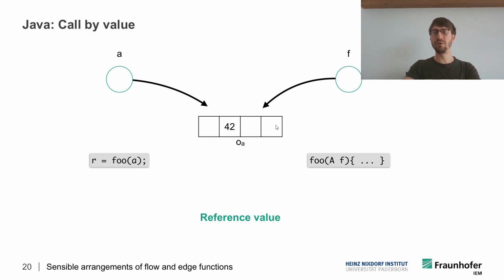So if you modify this field, maybe if you increment it, then after returning, the reference of f is not copied back to a, but the effect that has been done to this object will obviously also be visible through the variable a.